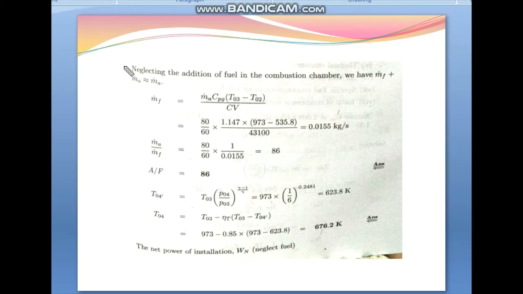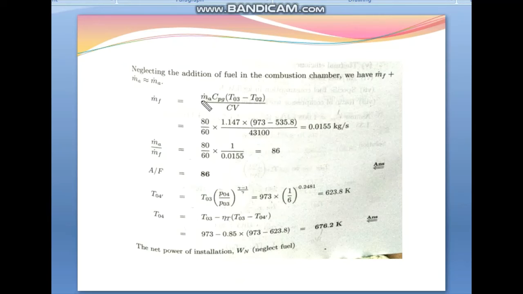Now, as the question says, neglect the effect of fuel in the mass flow rate. So m dot f plus m dot a is nearly equal to m dot a, the mass flow rate of air. First we have to find the mass flow rate of fuel, m dot f.